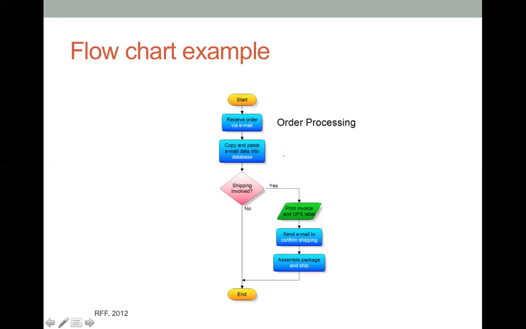Now, if you look at that, anything in here may go wrong. Receive order via email: the customers may say, I've sent you the email, but probably to a different department in our organization, and that department doesn't recognize the email, so they delete it and we don't receive it. Copy and paste email to database: someone may hack our database.